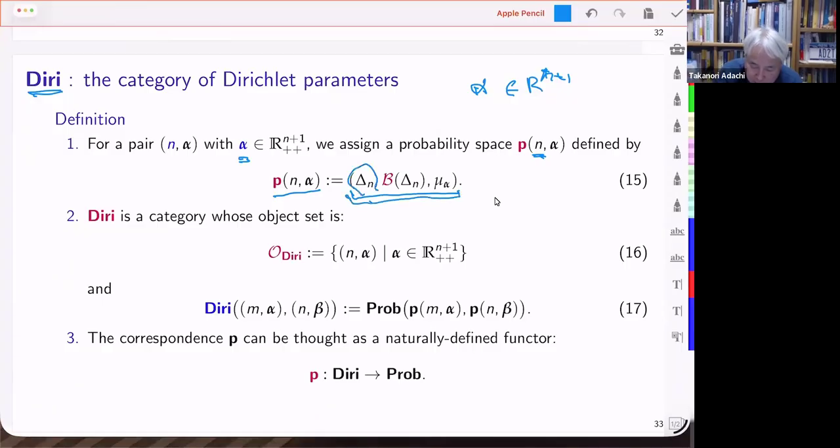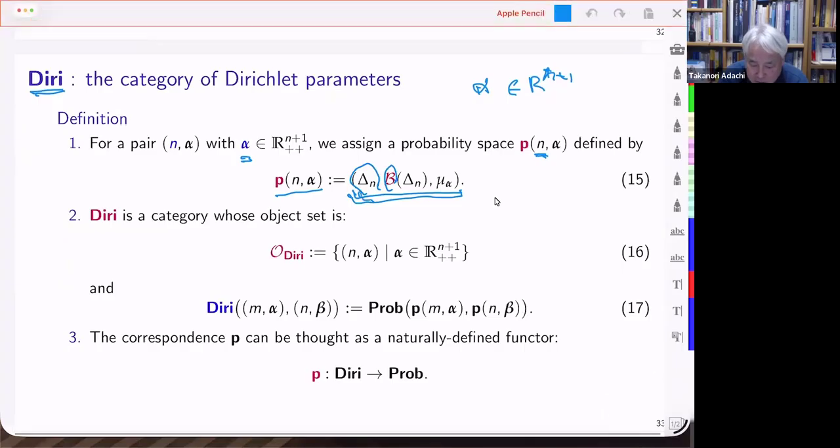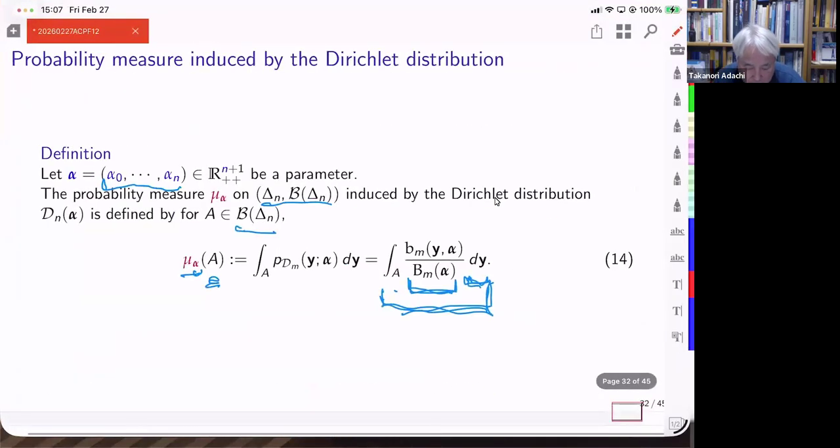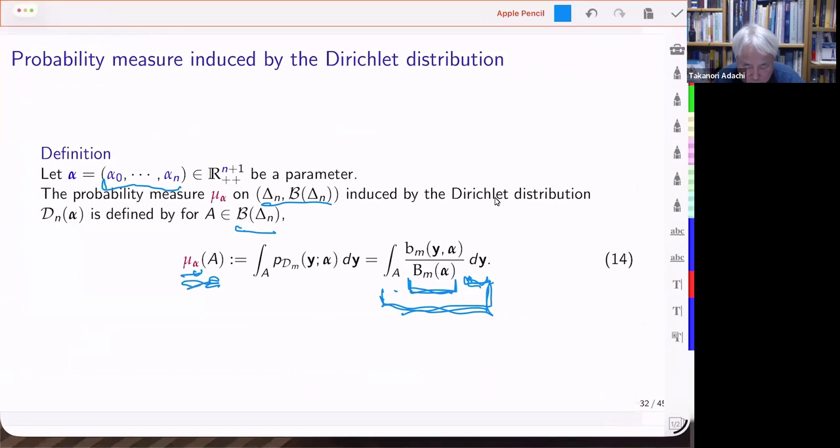So the first one, delta_n, is okay, and the beta I don't know. This red part is not good, but anyway, the first two are already defined, very naturally. We missed the last one, which used to be a P_c,n or something, but we now define it with mu_alpha, which is derived from the Dirichlet distribution with parameter alpha.